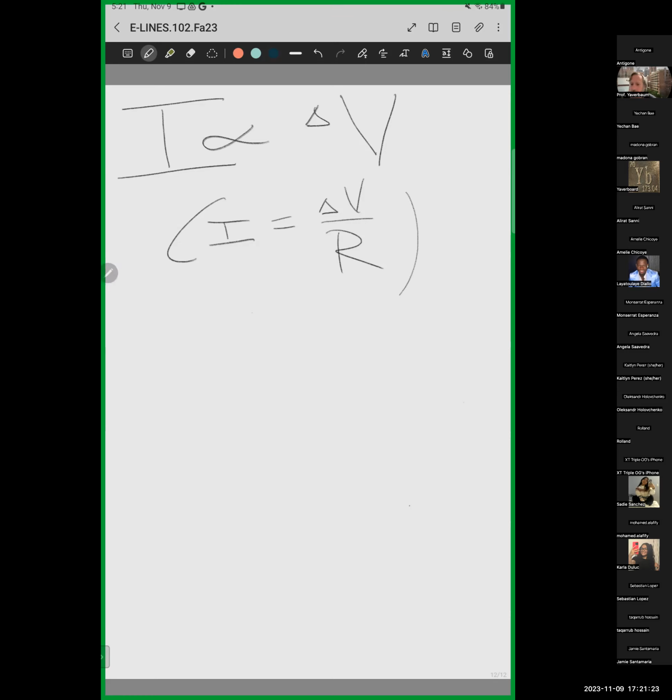Could someone just tell me in the chat, on a factual level, have you seen that? Has resistance been mentioned explicitly? I'll pause on that question for a second. Could someone just confirm or deny whether the equation that I just wrote is familiar yet?